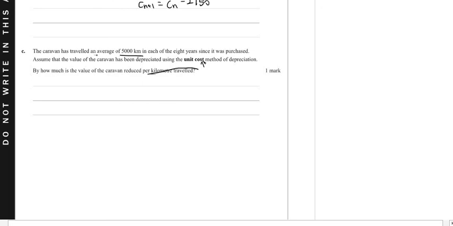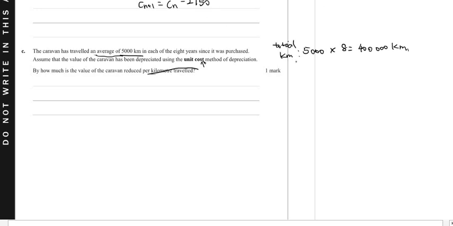Because we assume it's an average of 5,000 kilometers per year, in those 8 years it has traveled 5,000 kilometers times 8 years, so that's 40,000 kilometers in total. That's the total kilometers traveled.